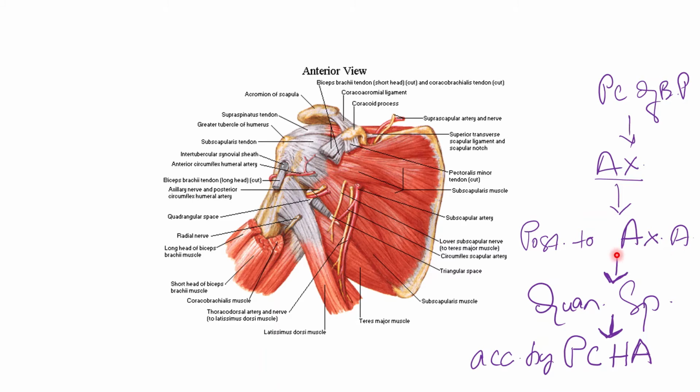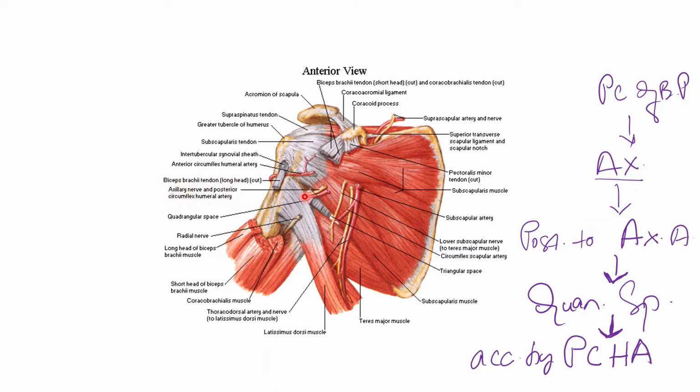The nerve leaves the axilla by entering the quadrangular space of the scapula, which is very neatly seen over here. So this is the axillary nerve, which is making up the content of the quadrangular space. In the quadrangular space, the axillary nerve is accompanied by the posterior circumflex humeral artery.